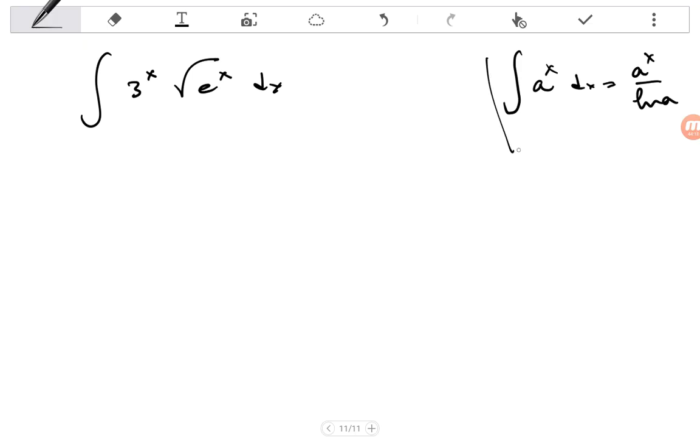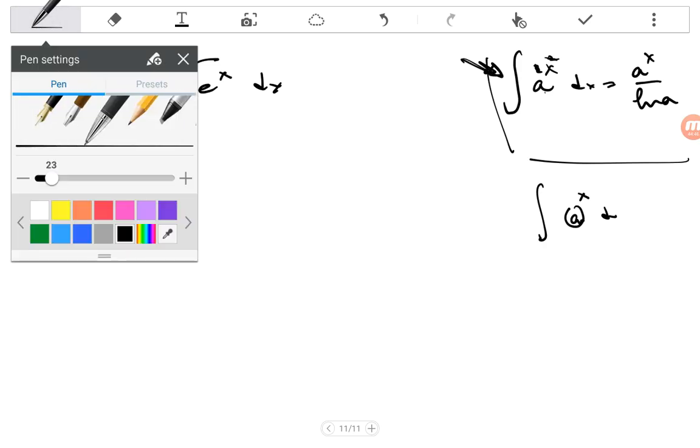For this rule, I need to apply it as it is. The problem must be in exactly this form, a constant power x. If I change it to x squared, no, I can't apply the rule. If I put 2x, no, I can't apply the rule. I just need to make it exactly as the rule.